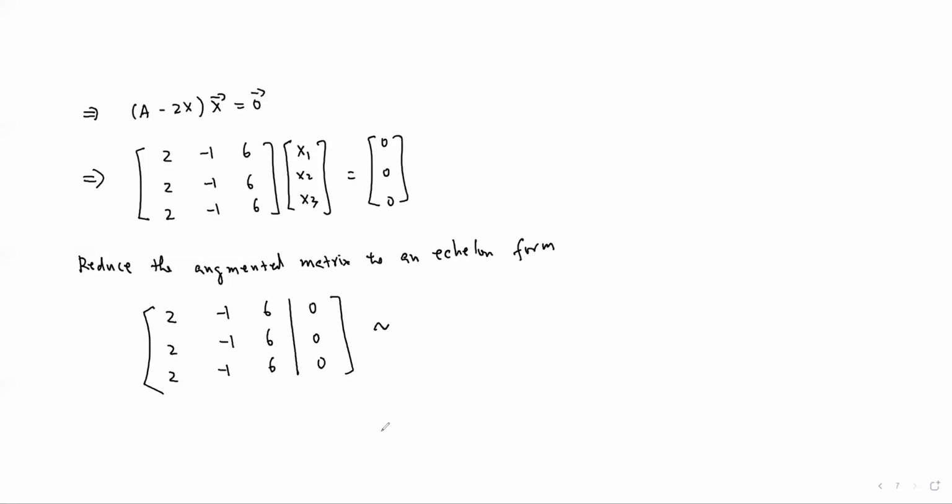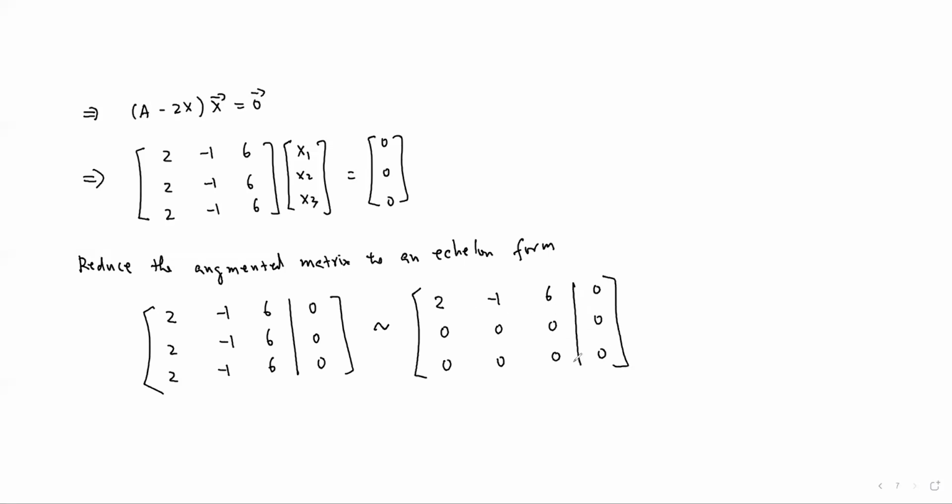Now reduce this matrix to echelon form. Negative 1 times the first row added to the second row gives 0, 0, 0, 0. Negative 1 times row 1 added to row 3 gives 0, 0, 0, 0.